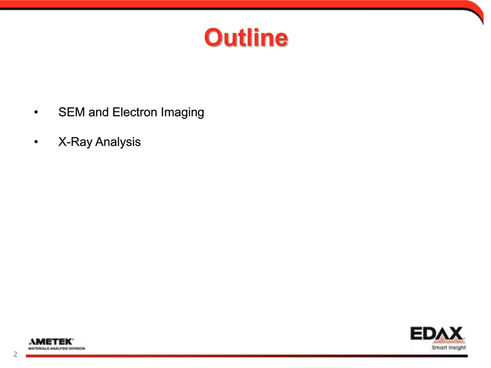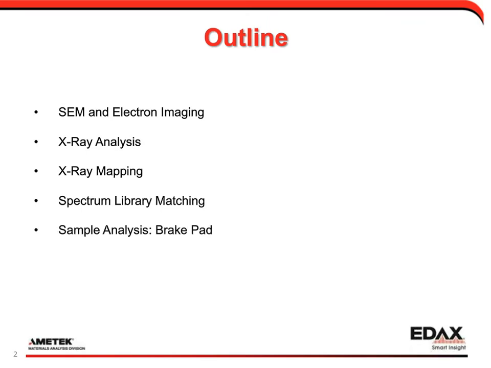We'll look at what signals we get and how we analyze them, and what information we can extract. We will apply that to X-ray mapping and get to the point of all this, spectrum library matching. Mapping and library matching will tie together and we'll apply it to an actual sample. In this case, it's going to be a brake pad.